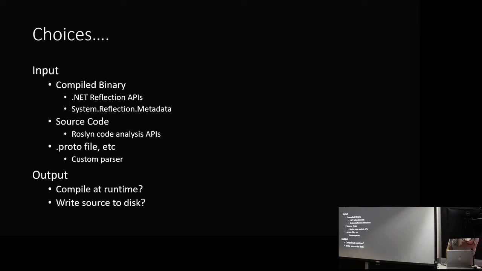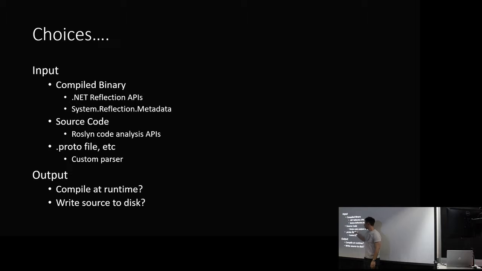Now, when you're doing code generation using Roslyn, you've got some choices you need to make. For the input, do you want to take a compiled binary, and then read it using reflection APIs? Or do you want to use the much more difficult System.Reflection.Metadata class, which is a really raw sort of PE file parsing library?